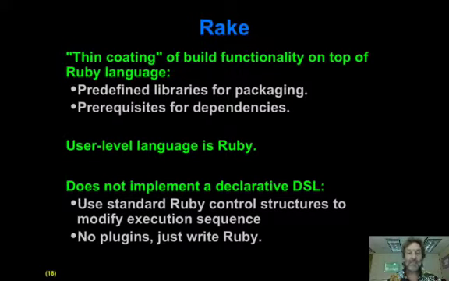And that means that the entire power of a general purpose programming language is available for you to use. Now that means that maybe writing these Rake files is a little harder initially. On the other hand, when you try to do more advanced things or things specific to your particular situation with respect to the build process, it's not that hard because you've just got a regular programming language to express it in.